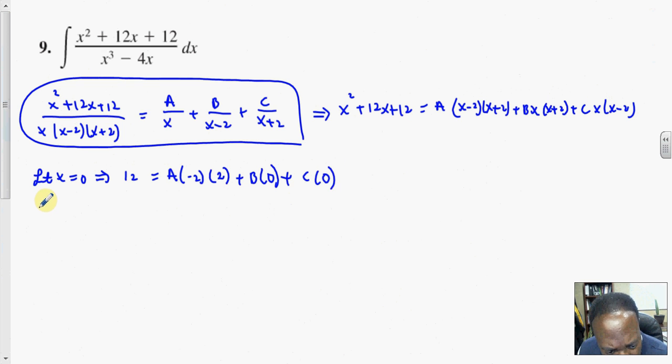So that gives us, yes, 12 is equal to negative 4a, which implies that a is equal to negative 3.